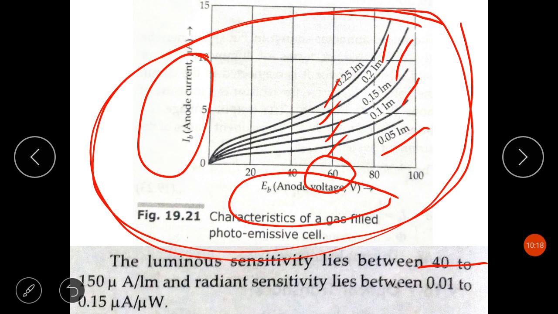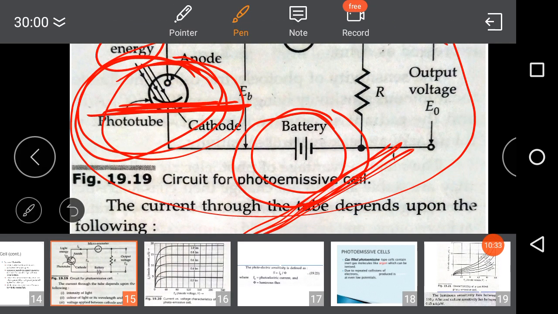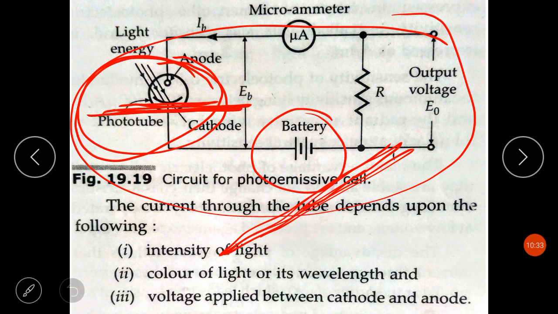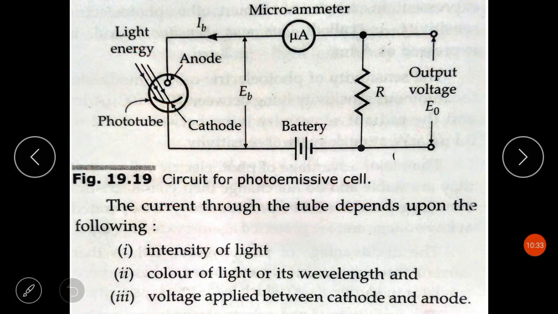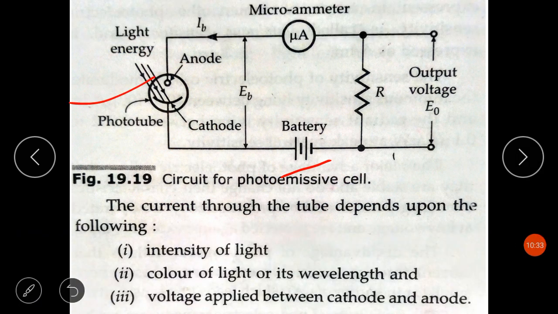Now from here you can also see that there is a critical value of applied voltage for the gas type photoemissive cell. In this circuit, used for measuring the luminous flux intensity, we increase the voltage so that electrons get emitted, collisions occur, and the amplification of electrons occurs.